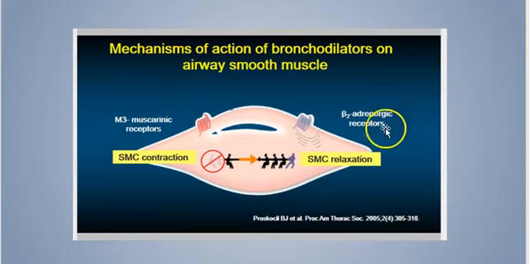We can use beta-2 receptor agonists to promote smooth muscle relaxation, or we could use M3 receptor antagonists to inhibit smooth muscle contraction, which would thereby promote relaxation. Okay, so that's a brief summary of the mechanical portions of the drugs, and now we're going to go into the immune targeting or immune modifying portions.